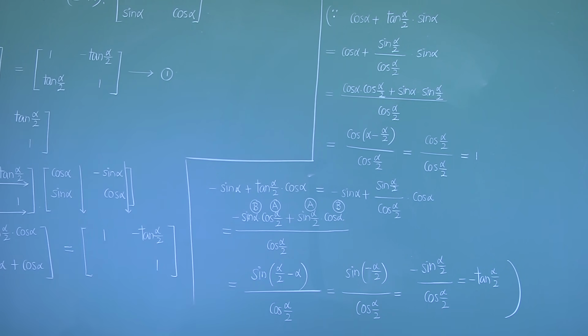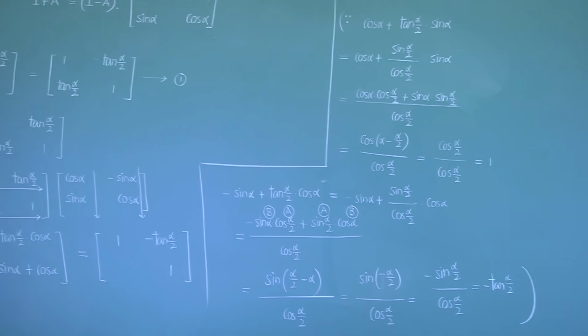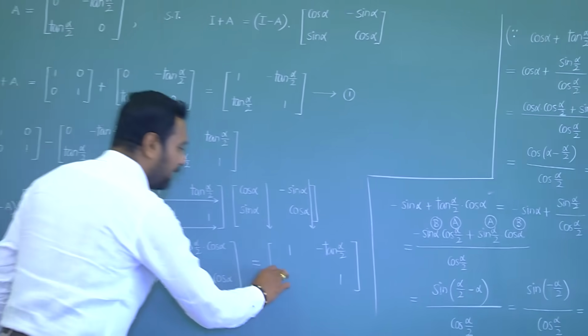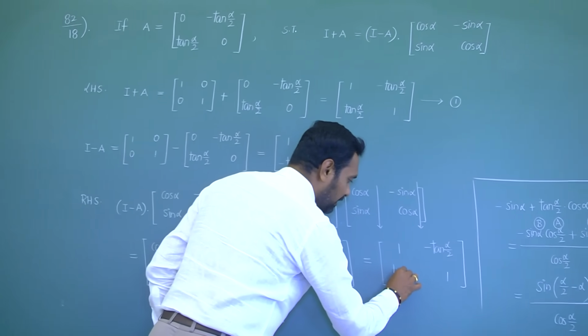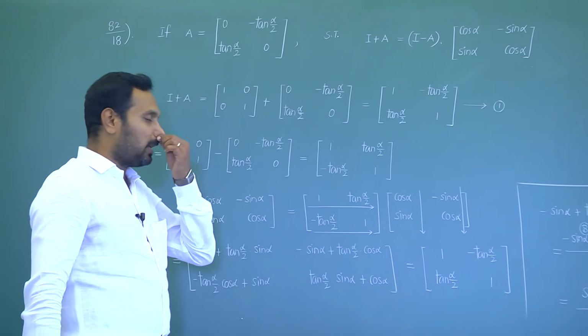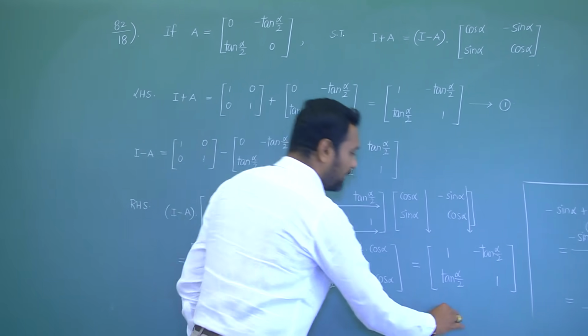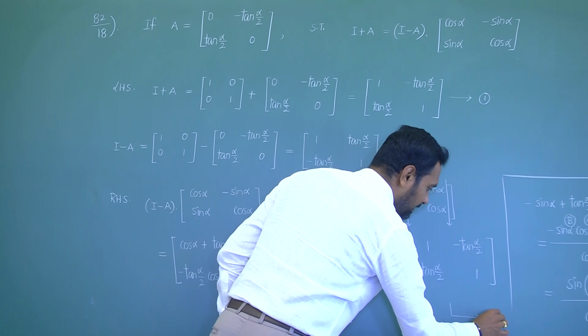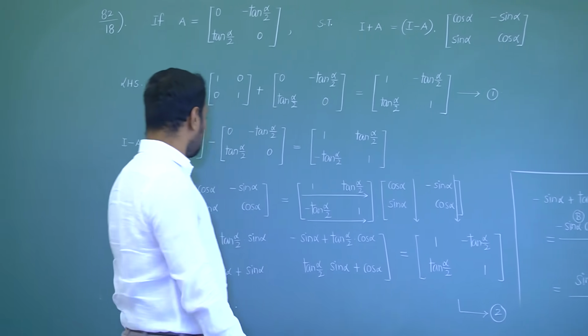As the first row second column element and the second row first column element differ in minus sign, here this element becomes tan alpha by 2, minus of minus, plus tan alpha by 2. I am considering this as the second equation.